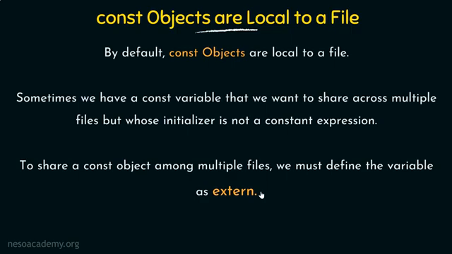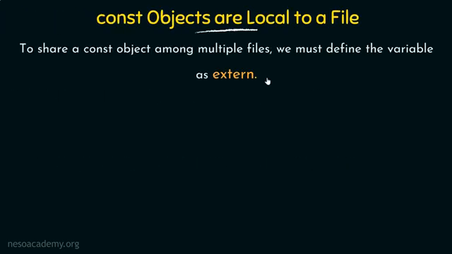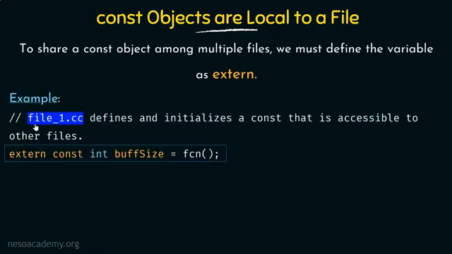So let's take some examples. We will see how we can define a variable as extern so that it can be shared among multiple files. So here in this example, let's say we have a file called file_1.cc. Here we are defining and initializing a constant that is accessible to other files. In this file1.cc, I am declaring this variable called buff size. Now this buff size is an integer, it is a constant, and also we are declaring it as extern.